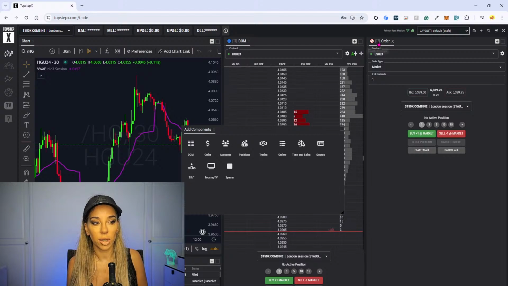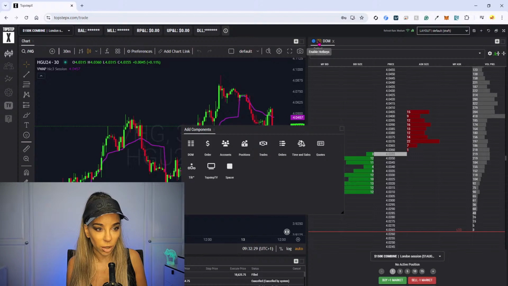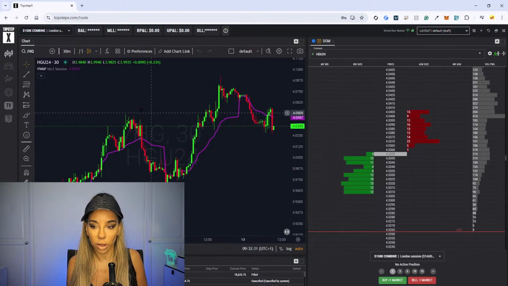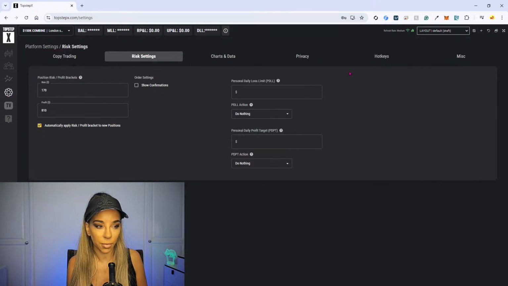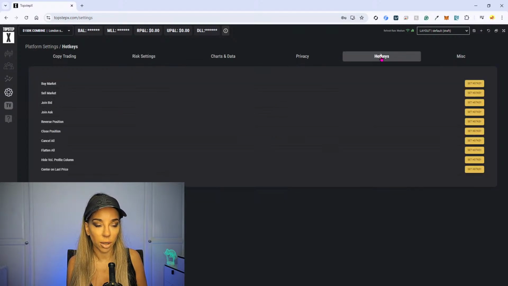It does. Okay, so even the order tab has that little H button. So when you press that, you can then go into settings and go into the new tab entitled Hotkeys. From there, you can effectively set the hotkey to listen to whatever you are trying to do. So there's buy market, sell market, reverse position, close position, flatten all, cancel all of the useful orders.